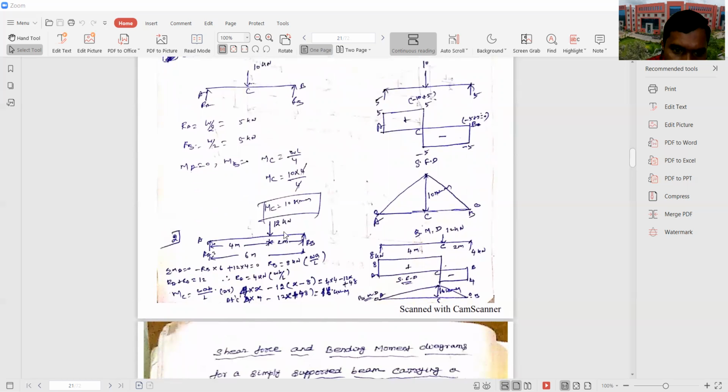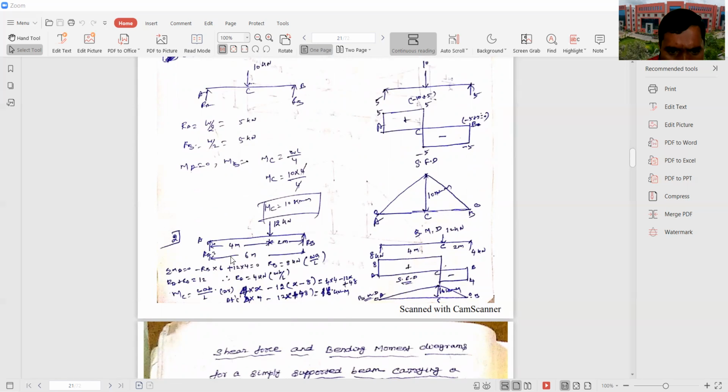Similarly, this is an eccentric point load. Eccentric point load means, you know, RB is WA by L, and RA is WB by L, and moment at C is WAB by L. You have the formula, you substitute the values, and you can find out the reactions and bending moment such that you can draw the diagram.